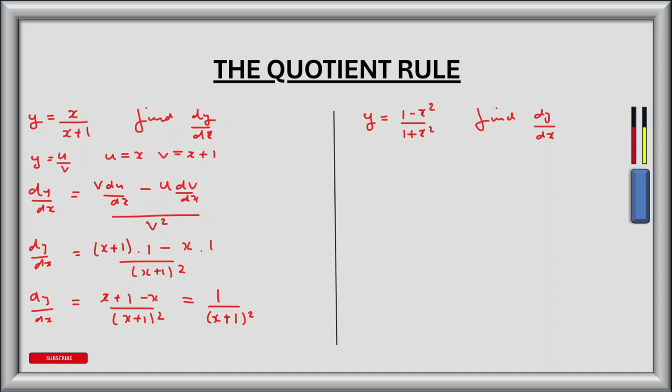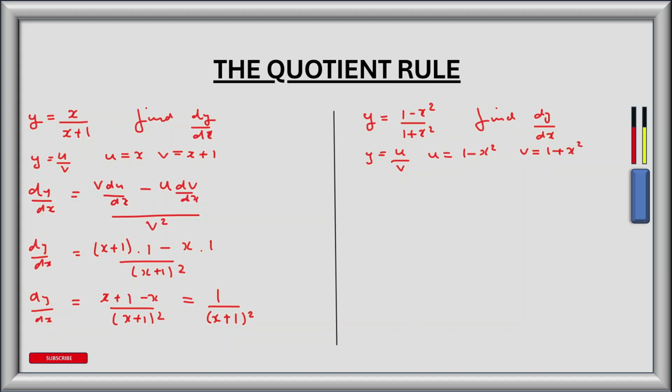In our second example, we have y is equal to 1 minus x squared divided by 1 plus x squared. So y is in the form of u divided by v, where u is equal to 1 minus x squared and v is equal to 1 plus x squared.